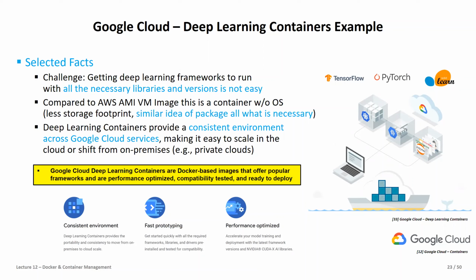And when you basically use that in different clouds, and here's again one example now in the Google Cloud, if you have these deep learning containers, which are really then these Docker-based images that you can just use with all the popular frameworks, and it's already with underlying libraries, as I said, NCCL for NVIDIA, performance optimized. It works with those GPUs and it's just ready to deploy. Don't underestimate this.